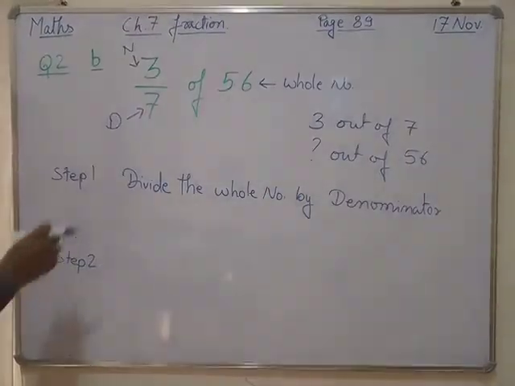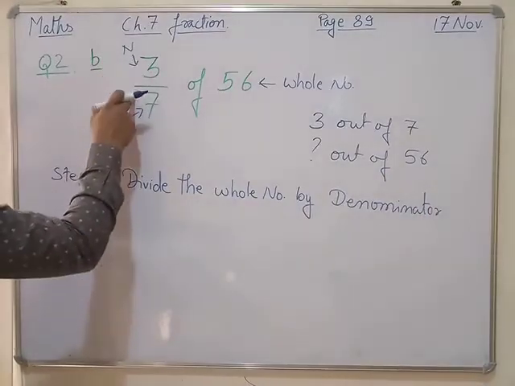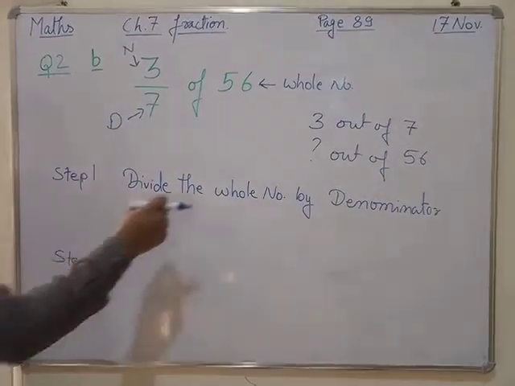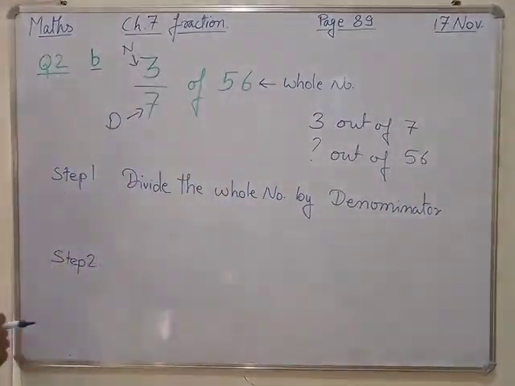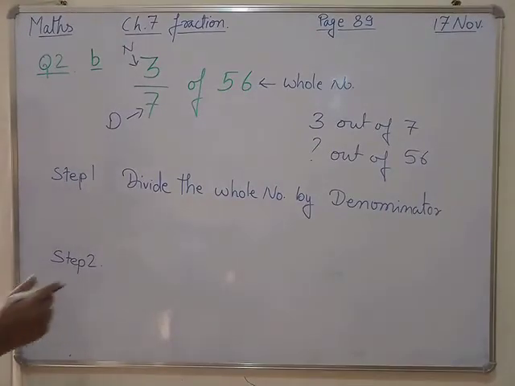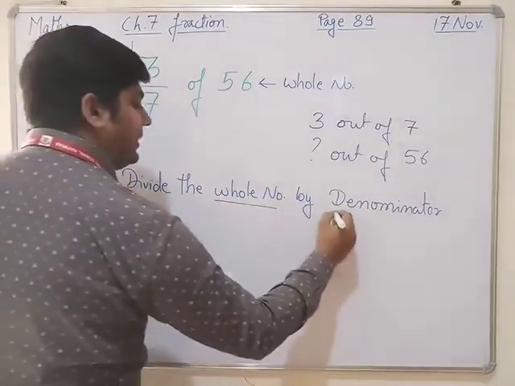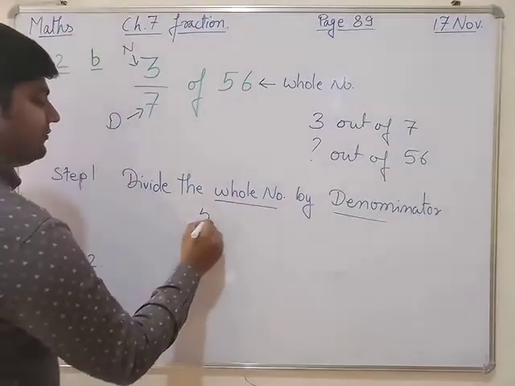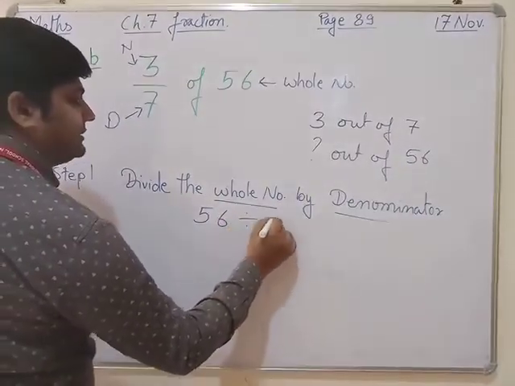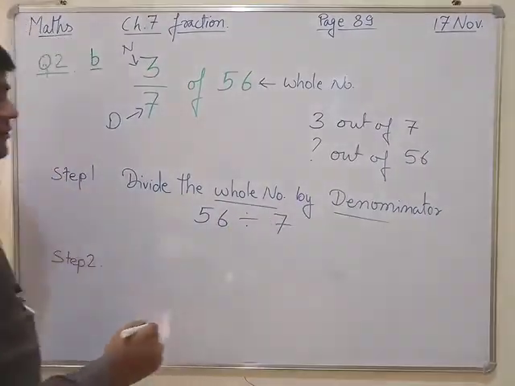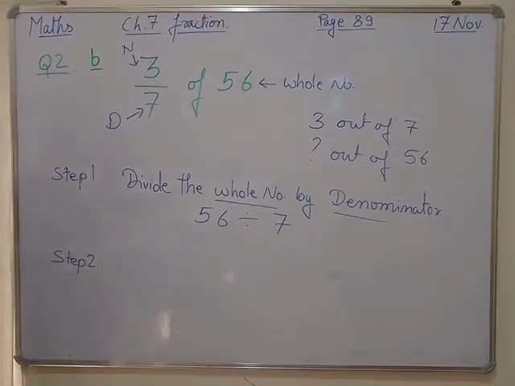Okay, you have to take 3 parts out of 7, then you have to tell how many parts you have taken out of 56. Divide the whole number by denominator, then you have to divide 56 by 7. Then tell me what is your answer.